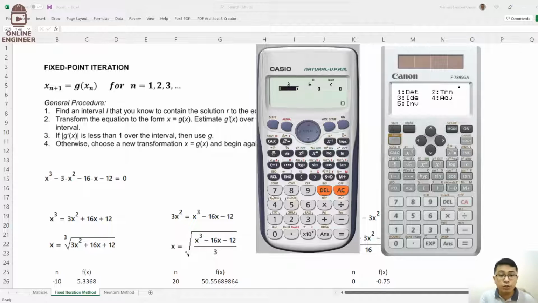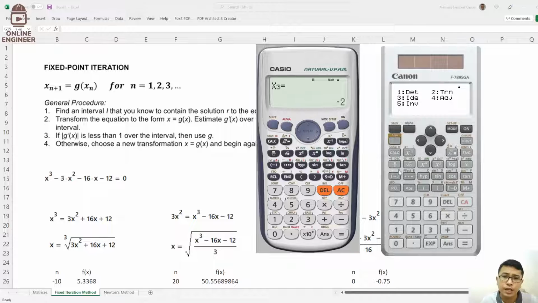We have x cubed, so the coefficient would be 1, and then negative 3, negative 16, and negative 12 here. If you press equals, you can see here the roots. We have 6, negative 1, and negative 2. Take note of that.